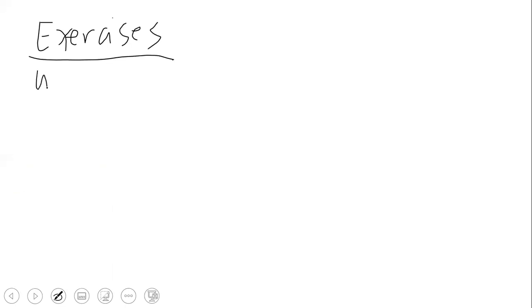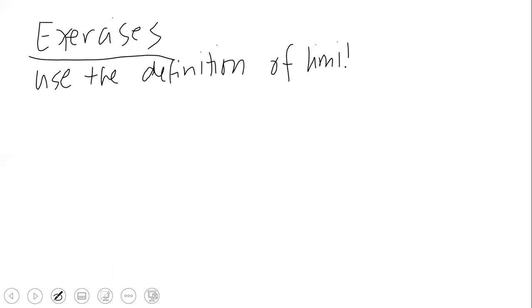So use the definition of limits in solving dy over dx.